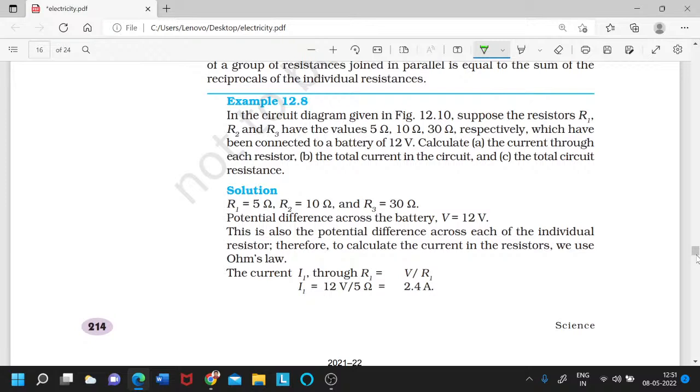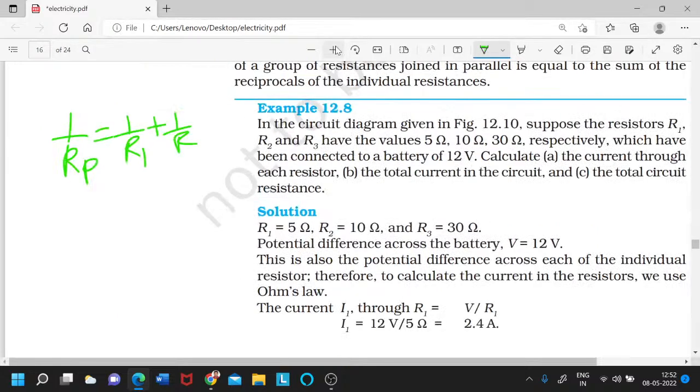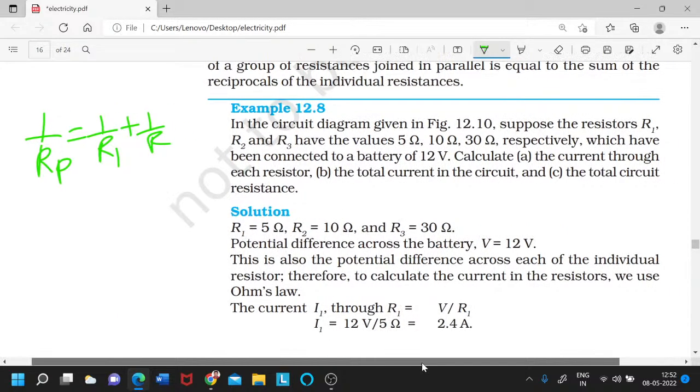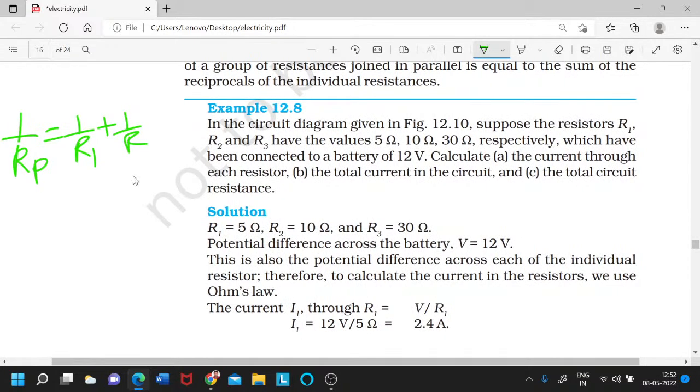Parallel circuit, we know, 1 by Rp is equal to 1 by R1 plus 1 by R2 plus 1 by R3. So now we'll see what the questions are. First thing, find the total resistance.